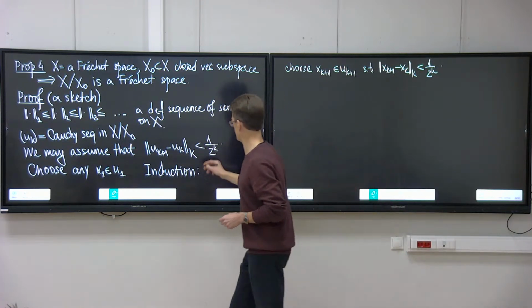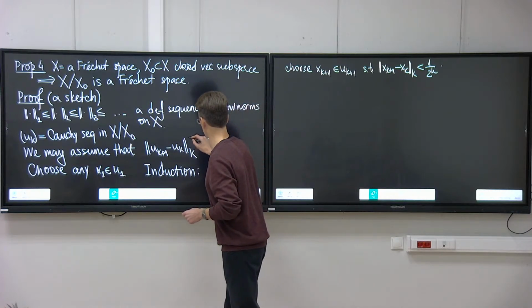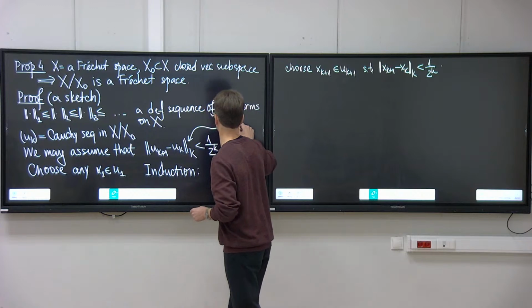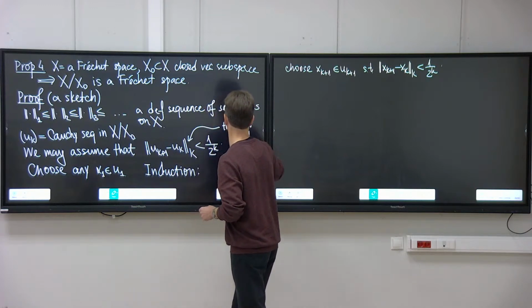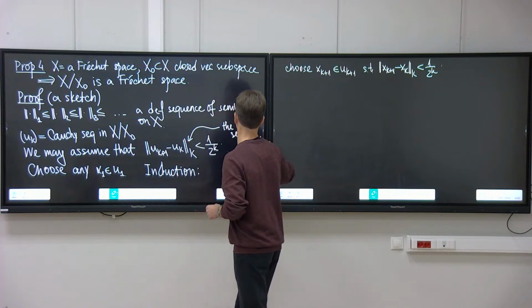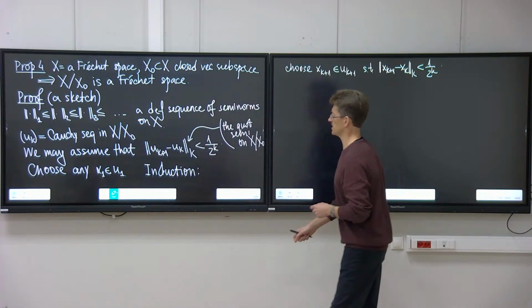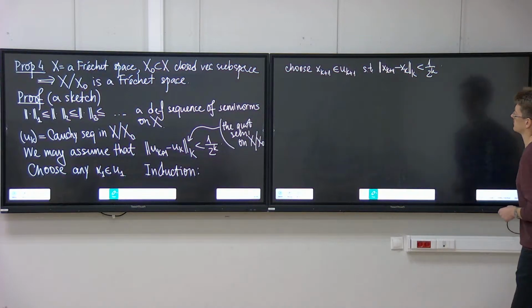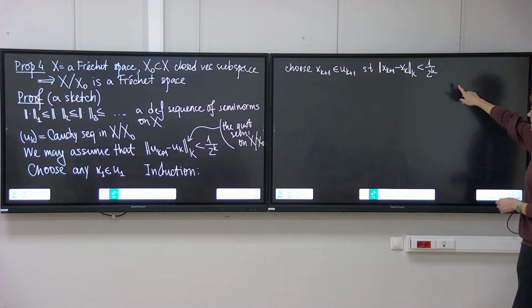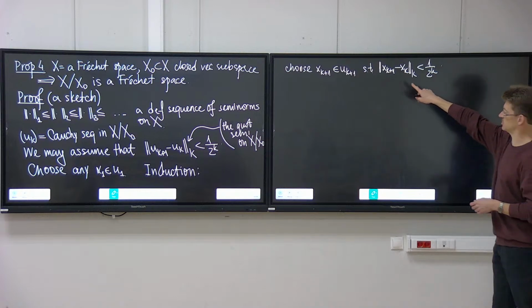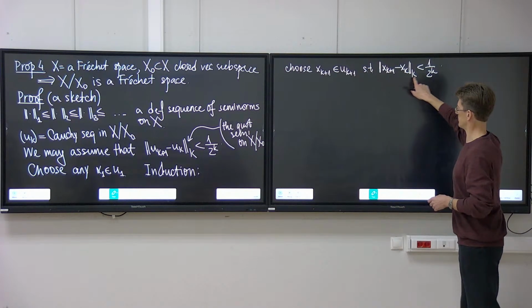So here, I didn't say this explicitly, but of course I mean the quotient seminorm on x modulo x0. The quotient seminorm or the kth seminorm on x. So we get, as a result, a sequence of elements of x, which is obviously a Cauchy sequence.